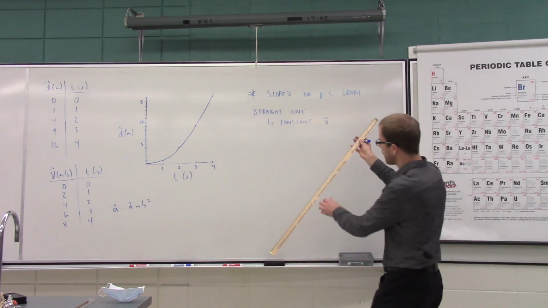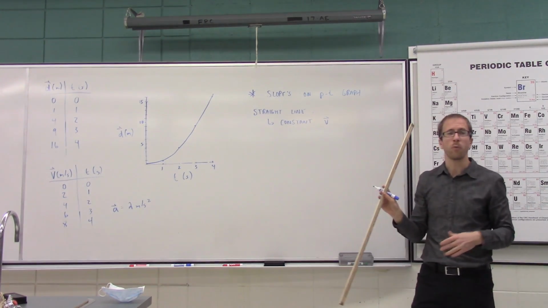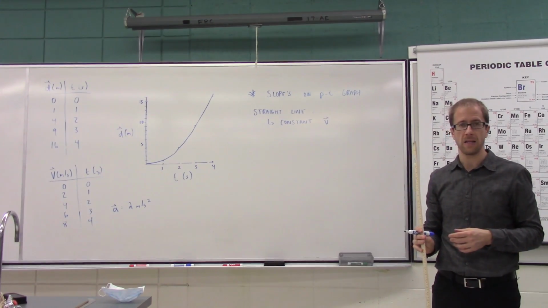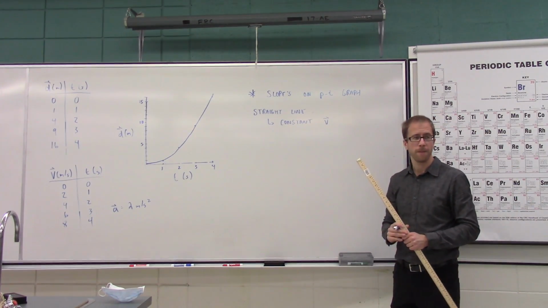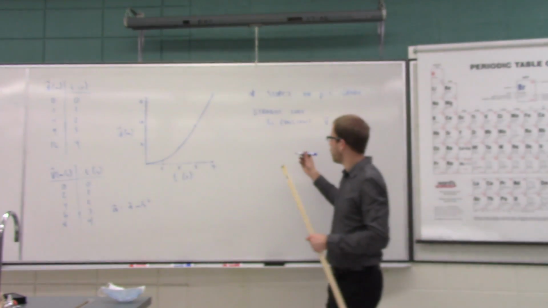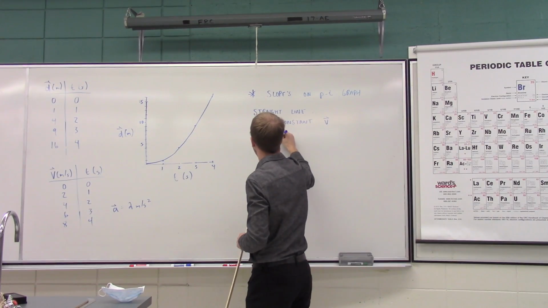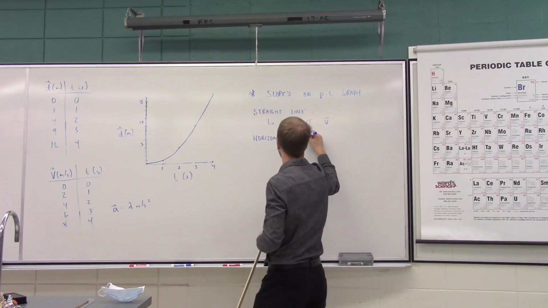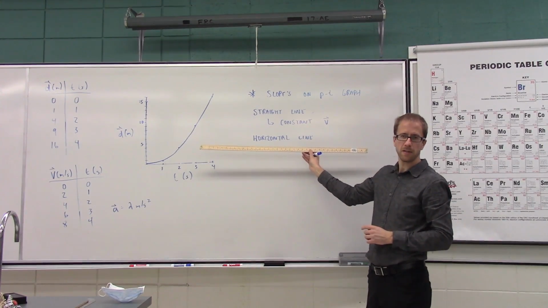If you have a straight line, it doesn't matter which 2 points you pick to calculate your slope, because it's the same everywhere on that line. Your velocity is constant. Now, what if I had a horizontal line? What does that tell us?